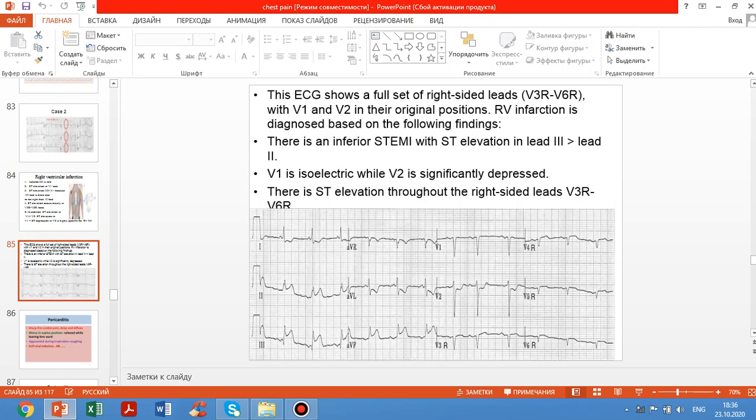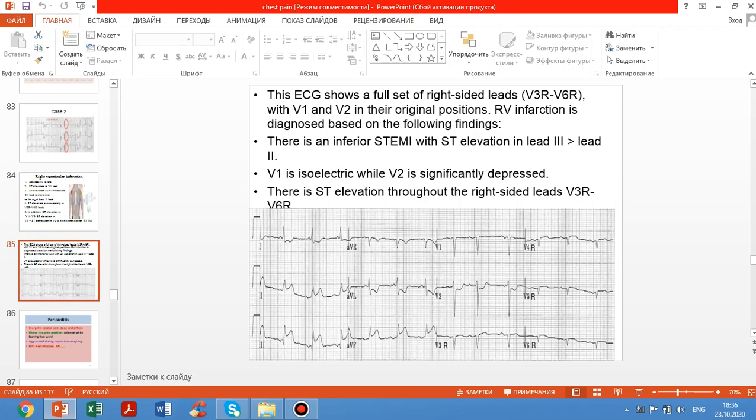This ECG shows a full set of right-sided leads V3R, V6R, with V1 and V2 in their original position. Right ventricular infarction is diagnosed based on the following findings.